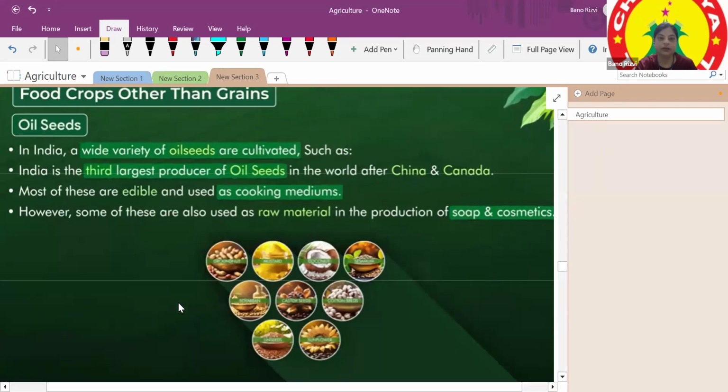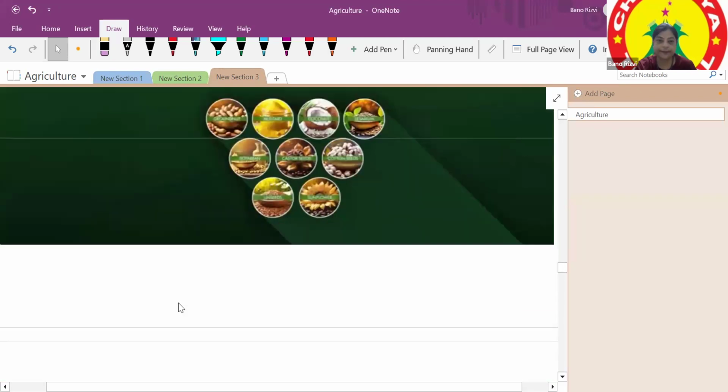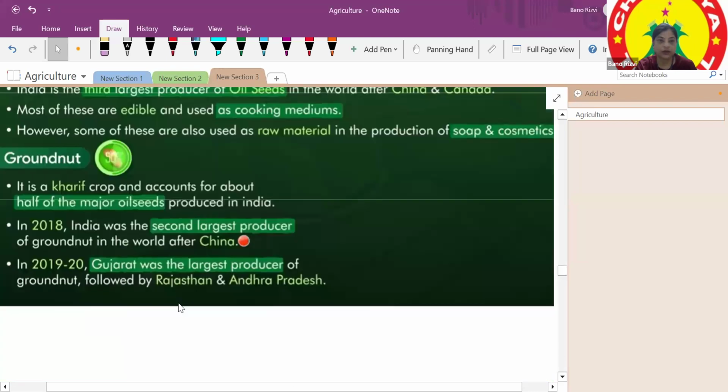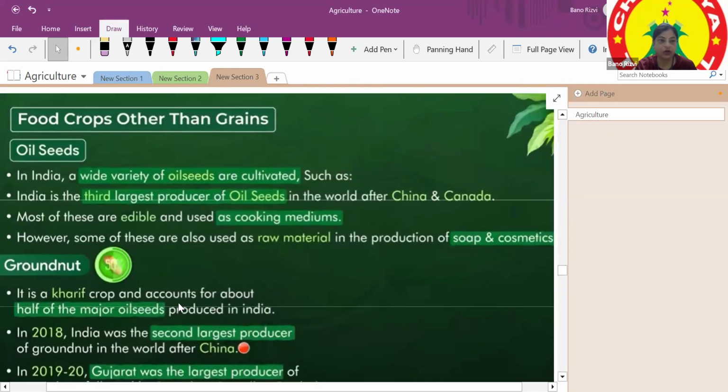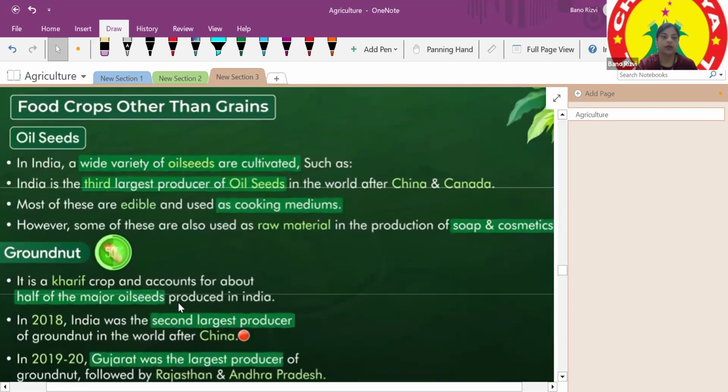Most of these are edible and used as cooking mediums, however, some of these are also used as raw materials in the production of soap and cosmetics.